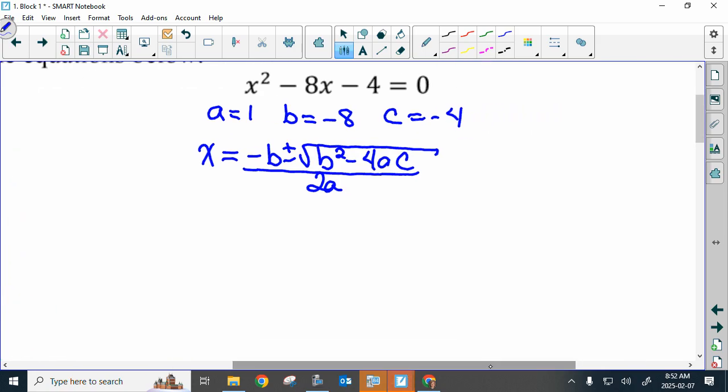Now this time my B value is negative, and there's 2 details I need you guys to attend to. Your B value is negative. Sorry, negative of negative 8. Okay. Guys, what happens to a negative number when you square it?